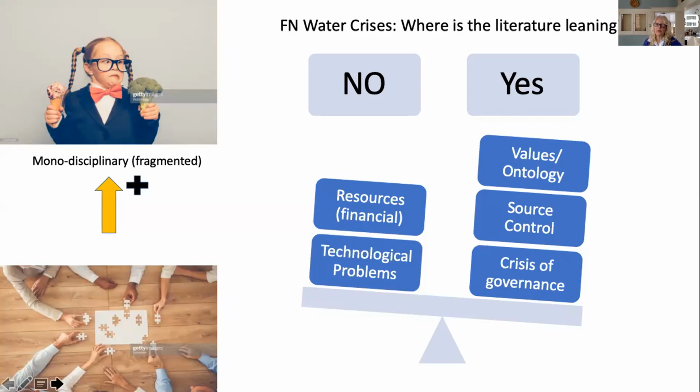And so we see categories of literature going into source control, a lot on values and ontology, and also on knowledge sharing and participation. What we see less of is the view that it is more a crisis of governance than of technological problems or even financial resources.